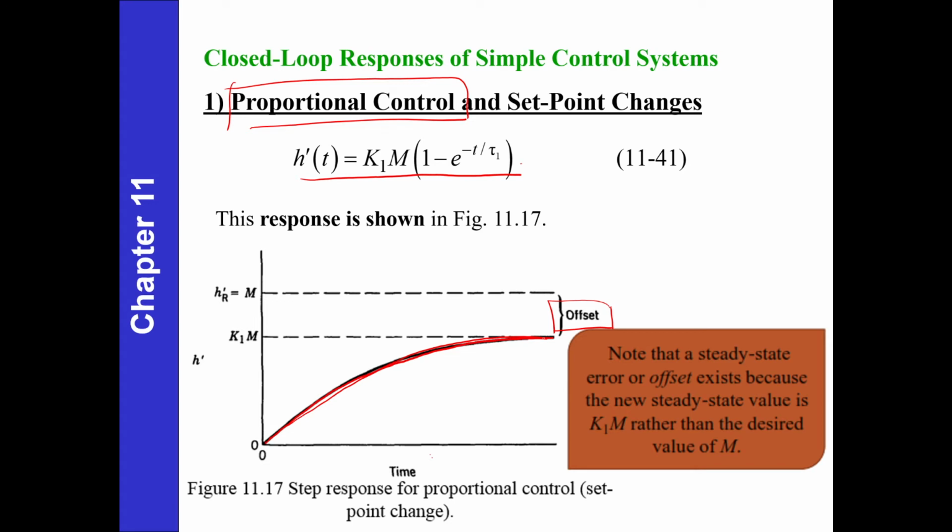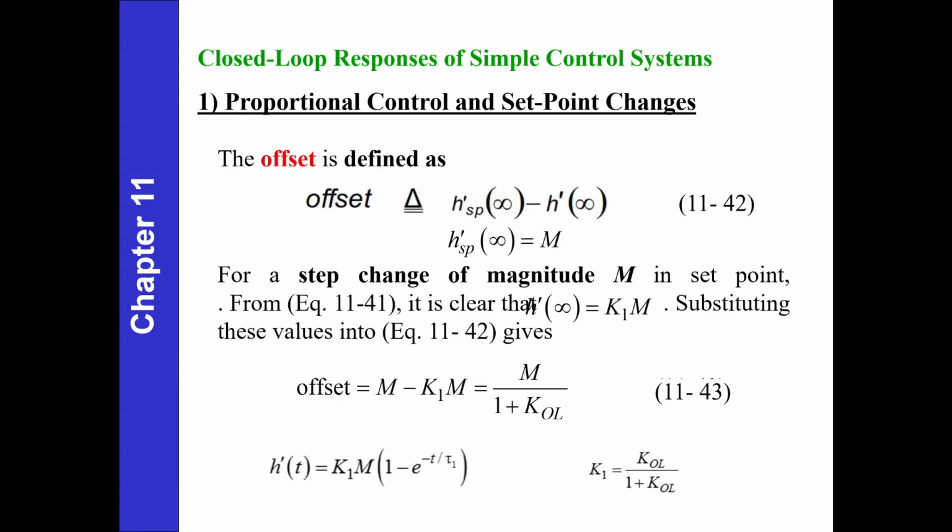Okay, but here we want this to be our set point. It tends to be just here, so there is an offset. So in this chapter, you will also learn how to calculate the offset.